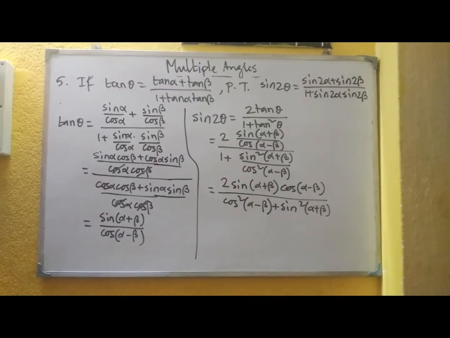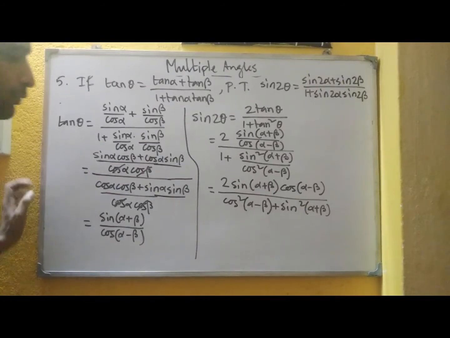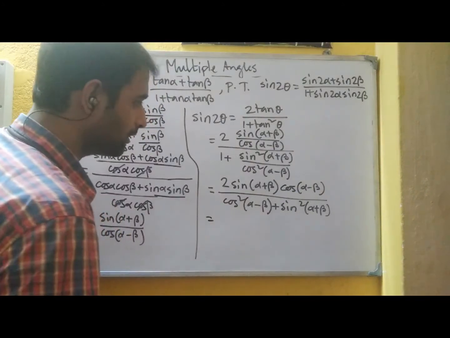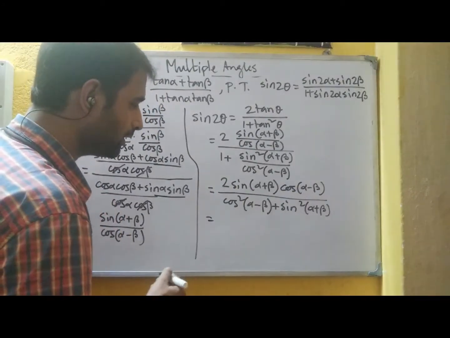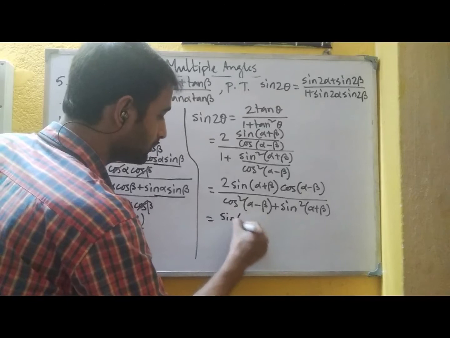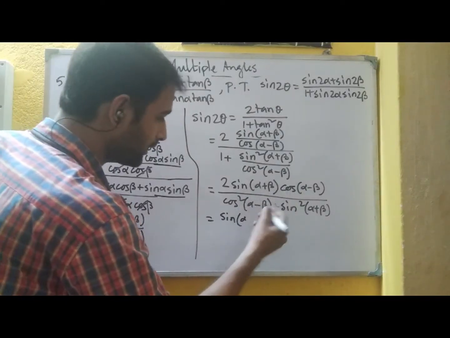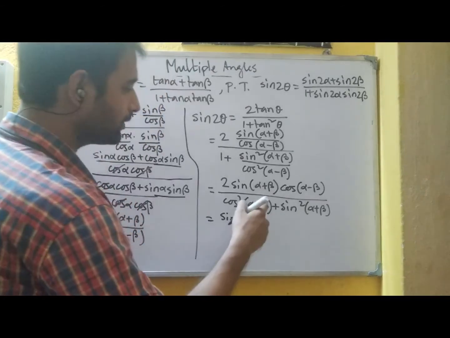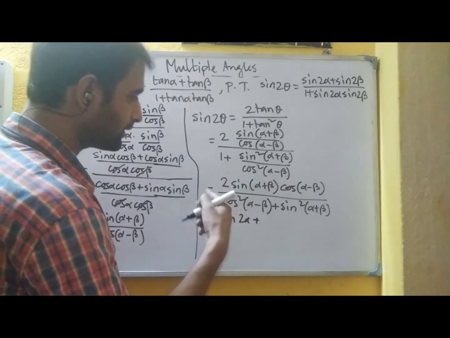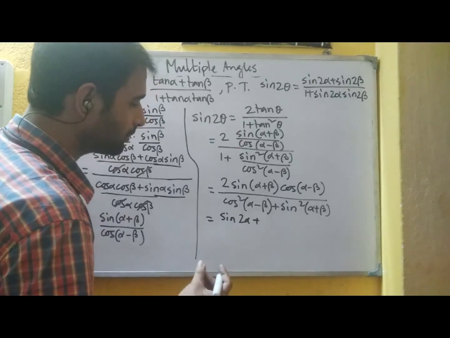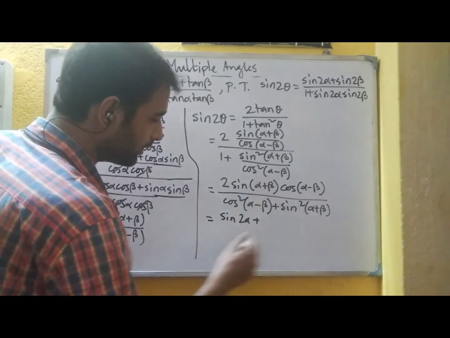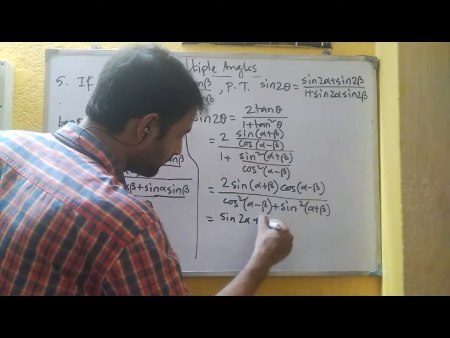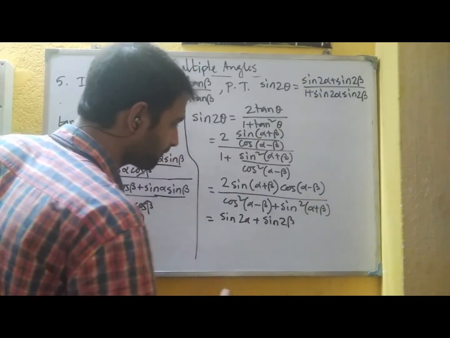Then the numerator is in the form of 2 sin A cos B. For that we can apply the transformation formula, sin of alpha plus beta plus alpha minus beta. So it is the formula sin A plus B plus sin A minus B. Here we are getting A plus B as 2 alpha, and A minus B as alpha plus beta minus alpha plus beta. So basically it is sin 2 beta.